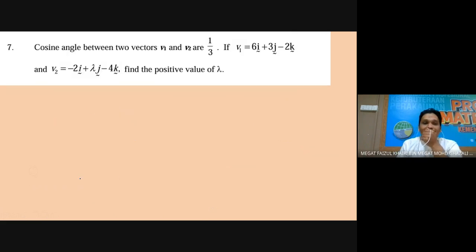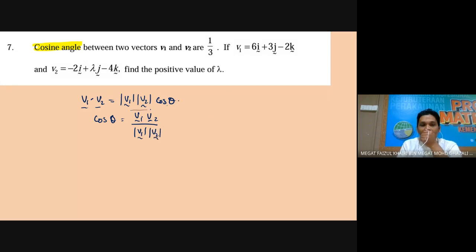Okay, cosine angle. From the formula V1 dot V2 equals modulus of V1 times modulus of V2 times cos theta, then cos theta equals V1 dot V2 divided by modulus of V1 times modulus of V2.